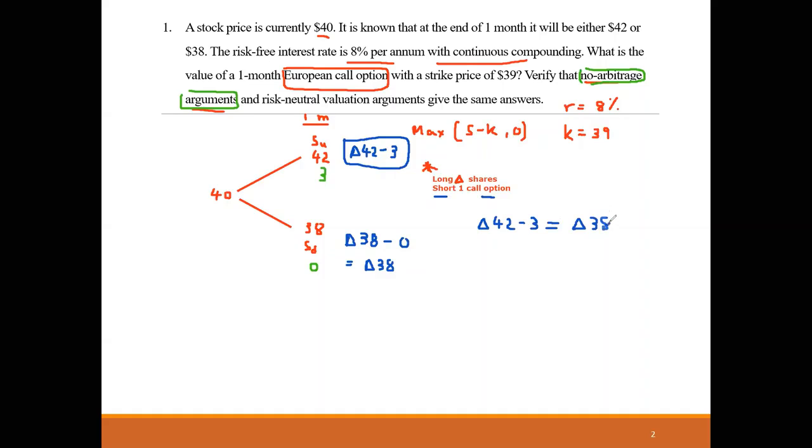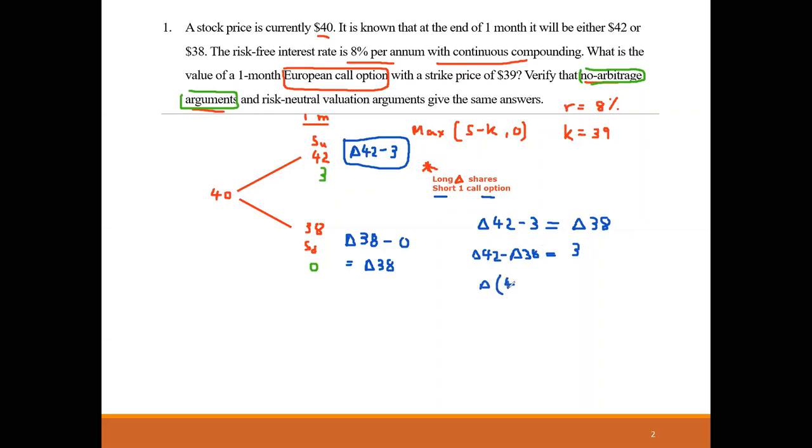Based on this, calculate and tell me the value of delta. How much do you get? You can bring 3 to this side and say delta 42 minus delta 38 equals 3.